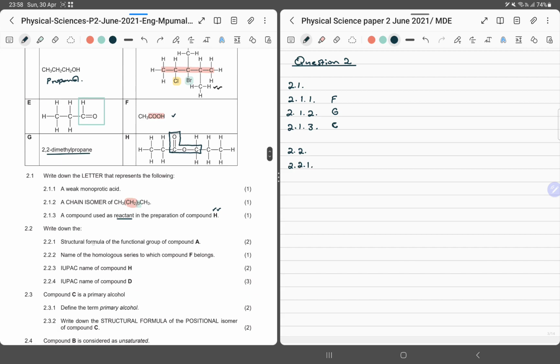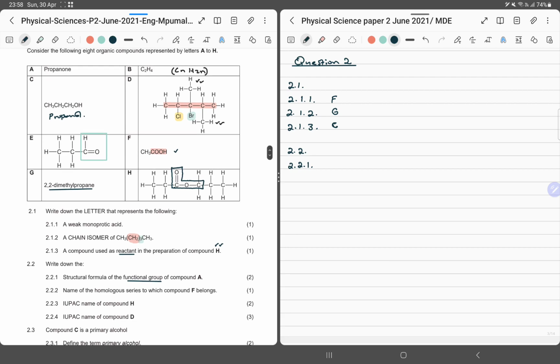Now it says write down the structural formula of the functional group of compound A. Now compound A is a ketone. So ketones have this carbonyl group. Okay, so it's usually written like that. But in any case, leave it like this.